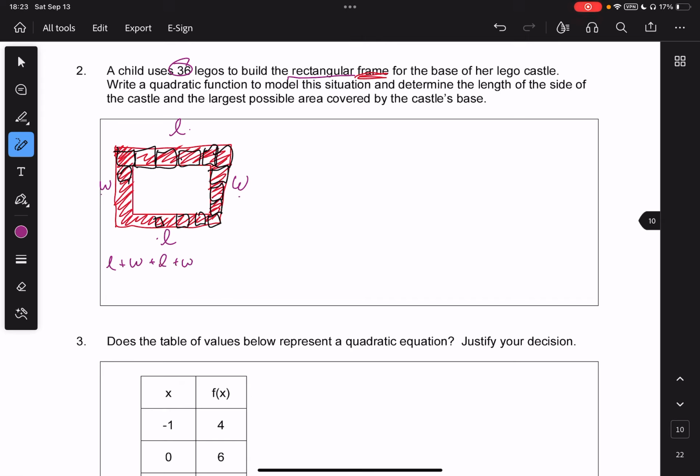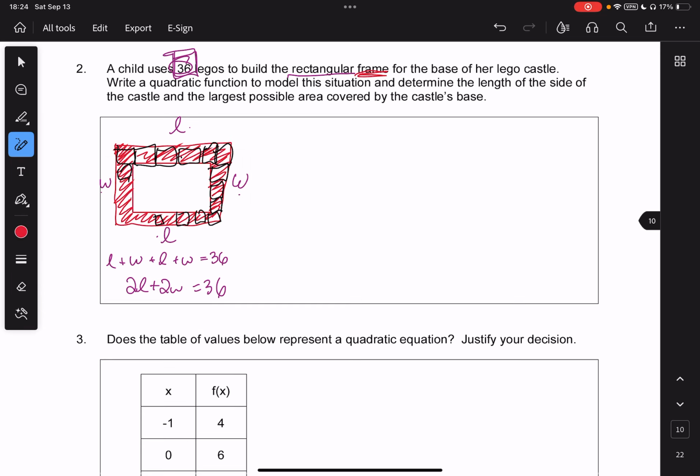That's the perimeter. This can simplify to 2 length plus 2 width. So what is our perimeter? 36. Remember, 36 Legos to build a frame. We can divide everything by 2, so then we get length plus width is equal to 18.